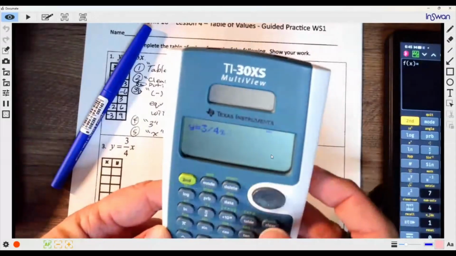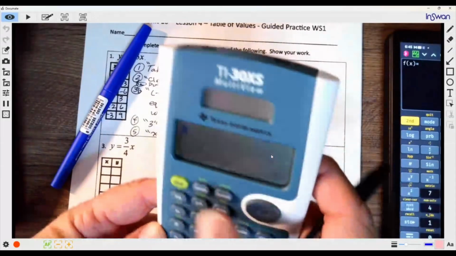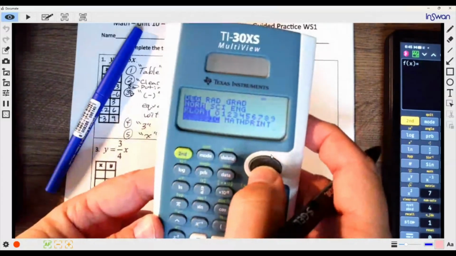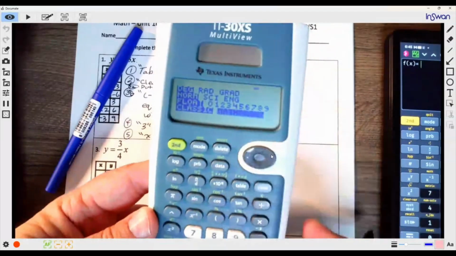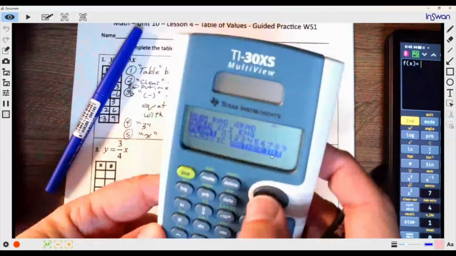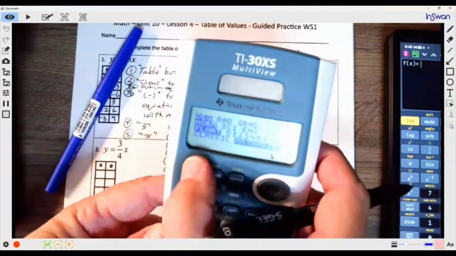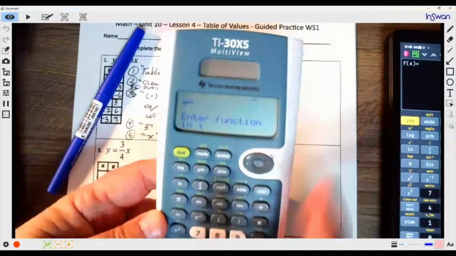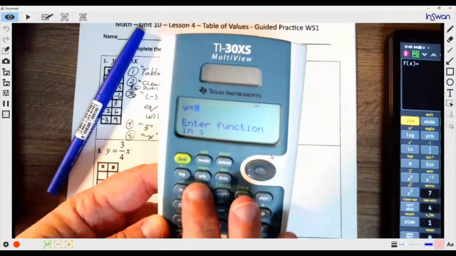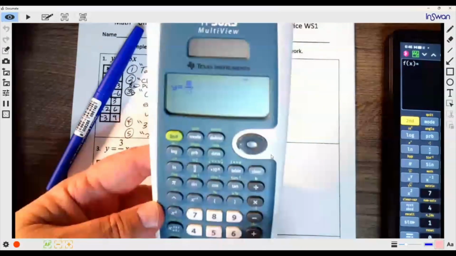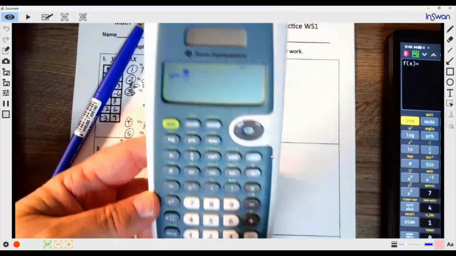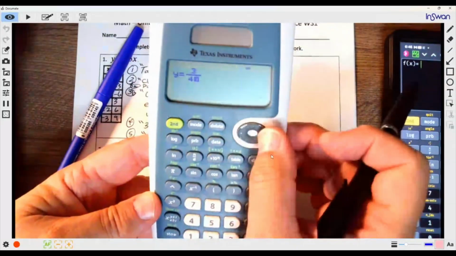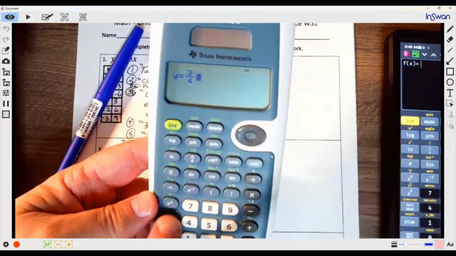But I prefer mode, math print, enter, get out by hitting second quit, go back to table, put in my fraction template key, 3/4, come out of the fraction, hit the variable.